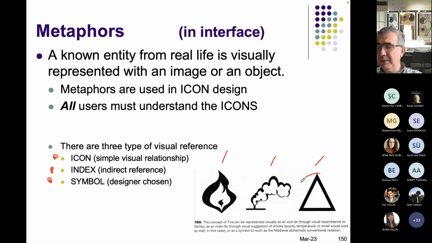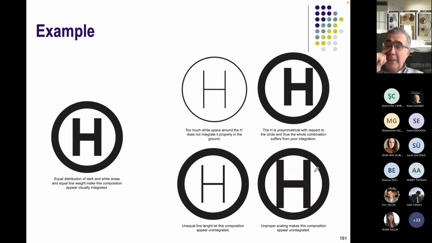For example, this might be related to fire. So designing an icon is not easy, and visual references, balance, weight, scaling, they all have their important parts. It's not quite easy.